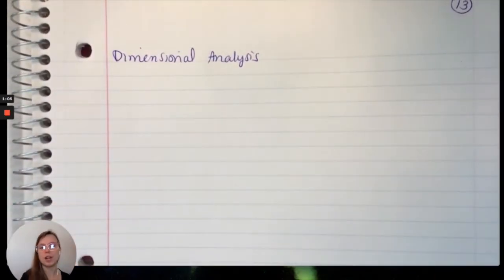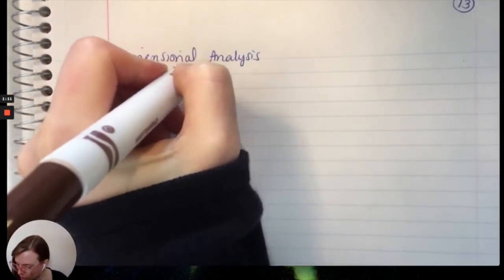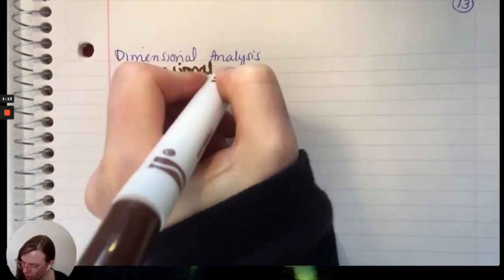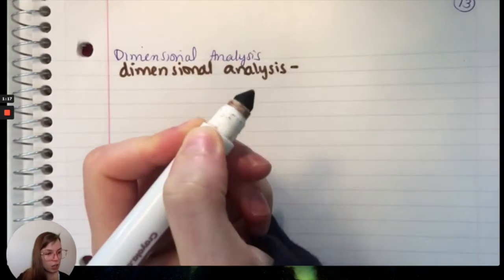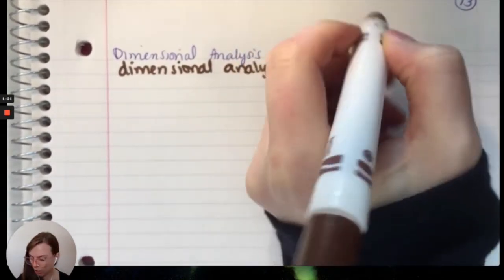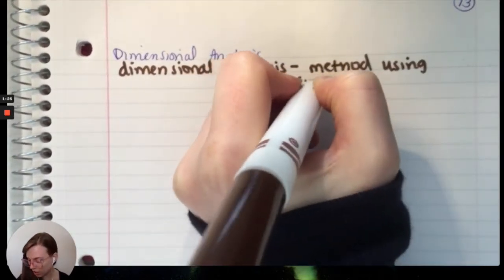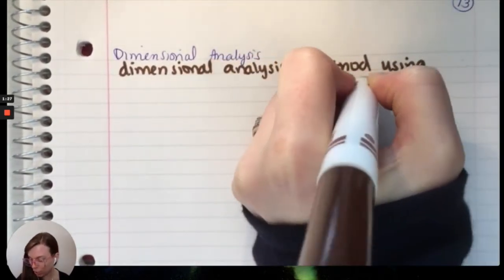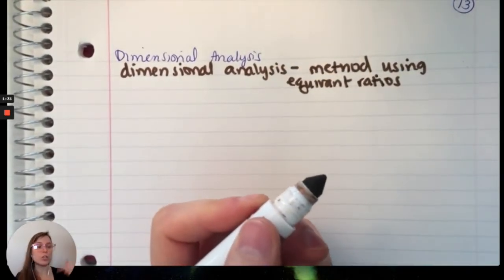So page 13, dimensional analysis, which sounds so funky. So we're going to define it. Dimensional analysis. Okay, so this is the method using equivalent ratios, which is why we learned about those last lesson, so we can use it in this lesson.